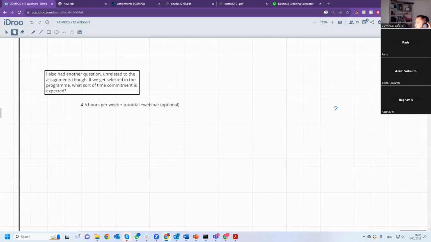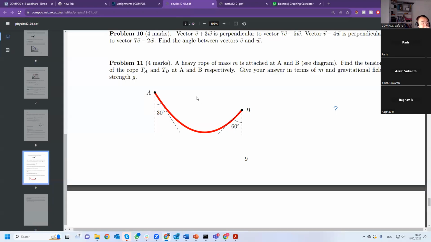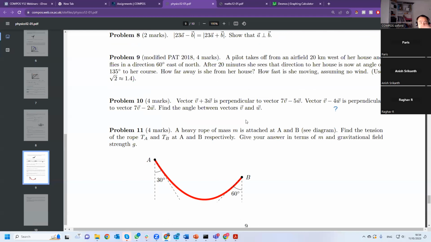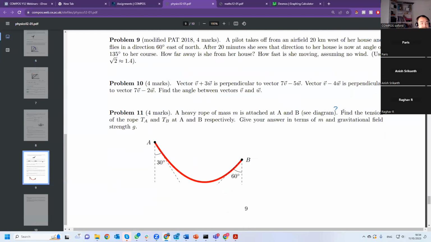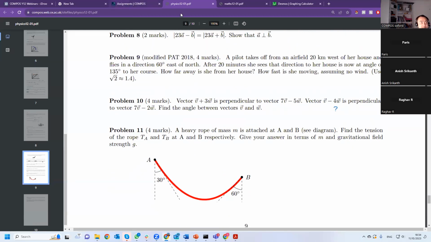Could you give tips on how to do number 10 physics? Number 10 physics, I've discussed this. It was in the previous webinars. See previous webinars. I've answered question 11 for physics, but I don't really understand question 2 that follows it.